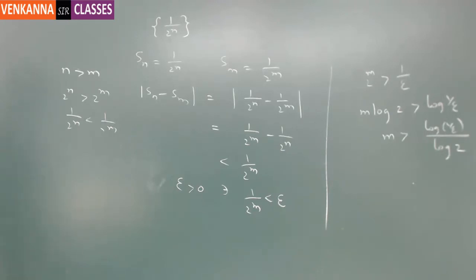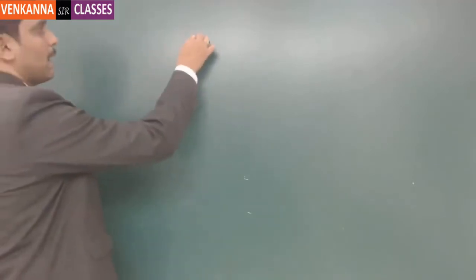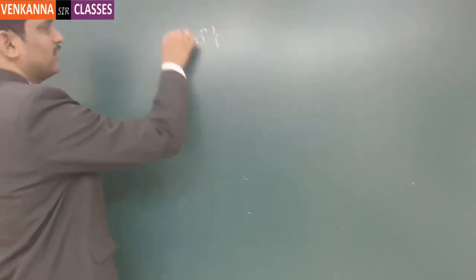Now let us take some problems which are not Cauchy sequences. If you have noted this, please tell me, and I will go for the other one. Take the case of -1 whole power n, the sequence. It is an oscillatory sequence, right? -1, 1, -1, 1. Please understand that the term number cannot be negative.